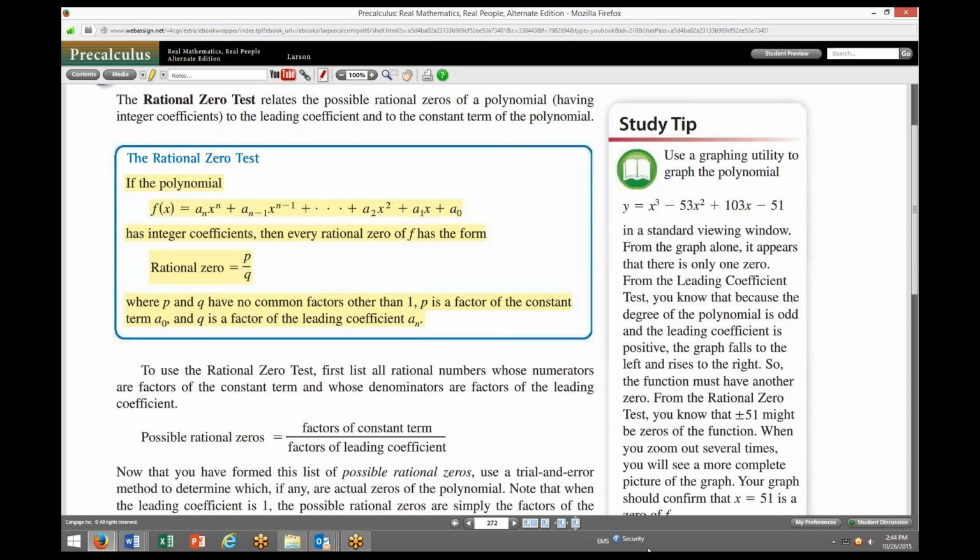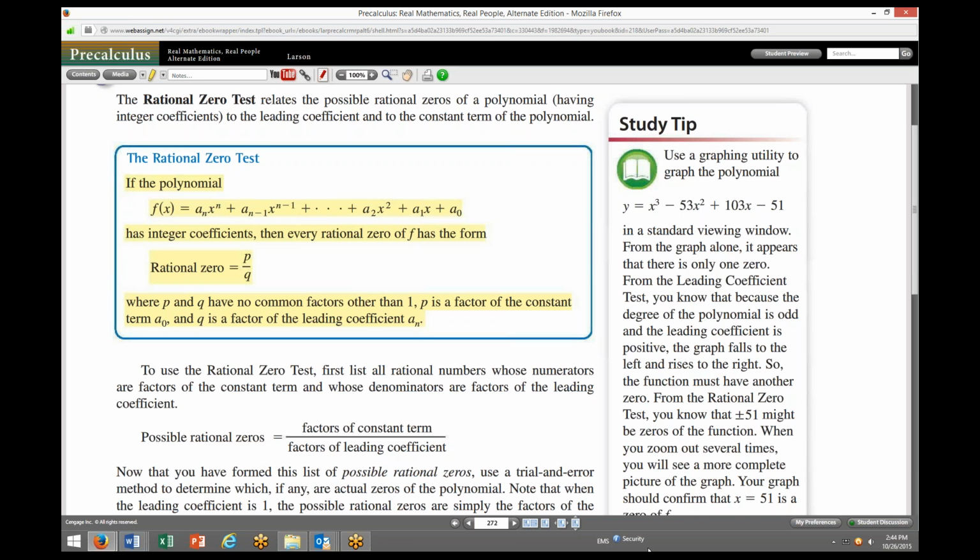Now, if that polynomial has integer coefficients, all the a sub n minus 1, a sub 1, a sub 0, the constant, everything are all integers, whole numbers, positive or negative, then every rational number zero of that function f has the form p over q, where p and q have no common factors other than 1.